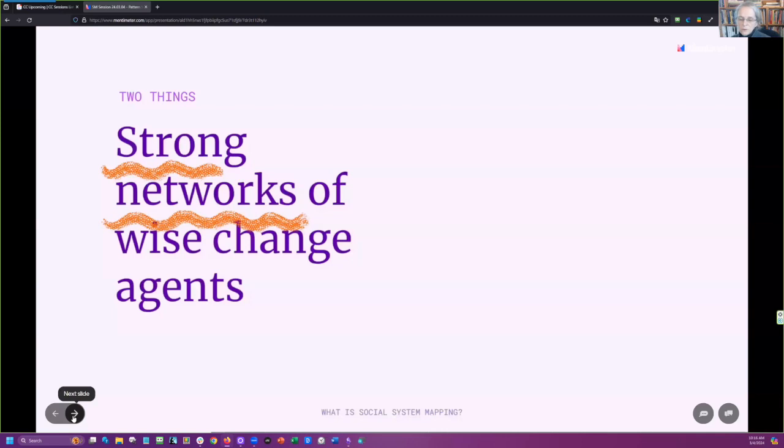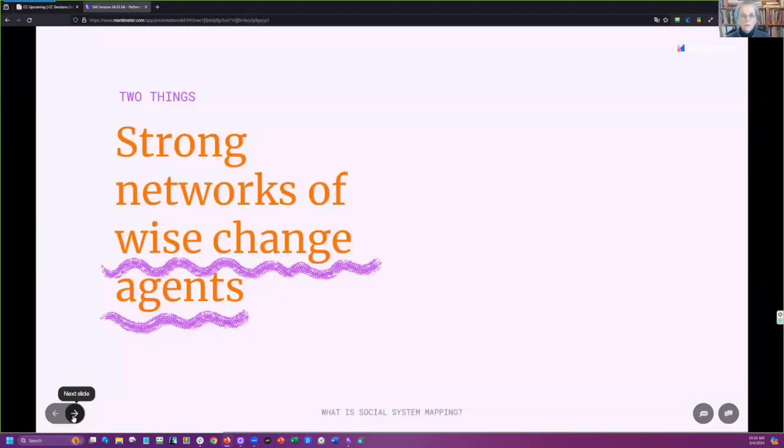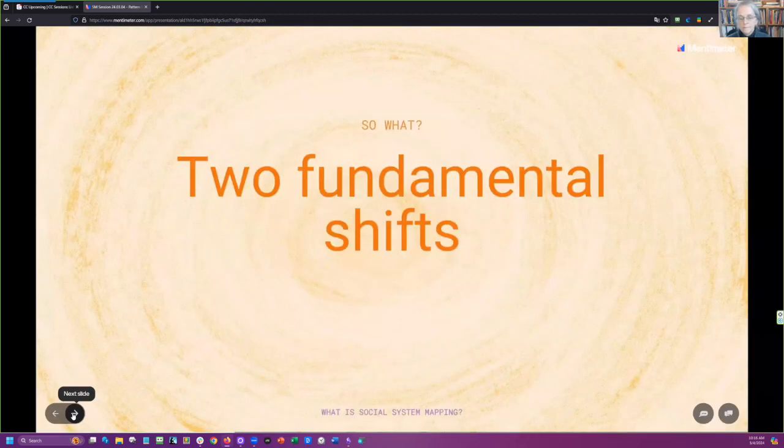And what we've learned over the last couple decades of doing this kind of work is that that system shifting requires two things. It requires strong networks, and it requires wise change agents who are networked together. So there's both a structural component to what we're talking about and a relational component.